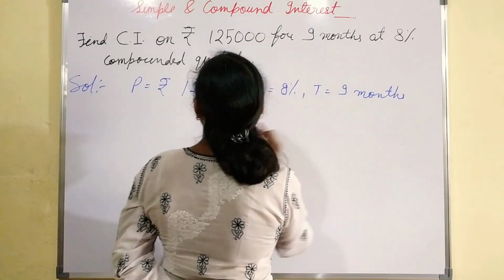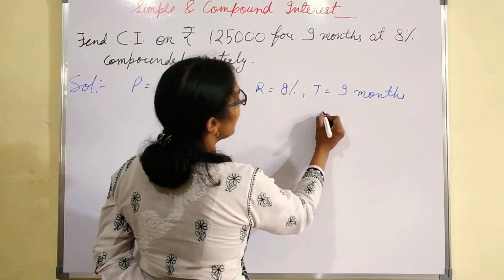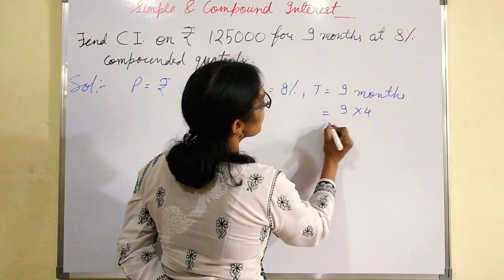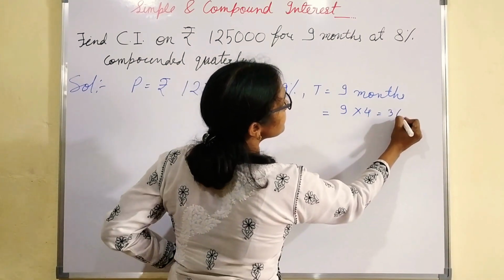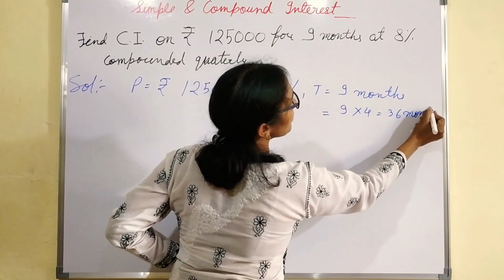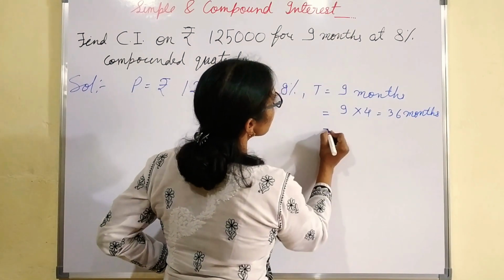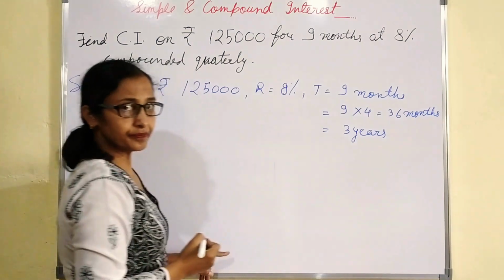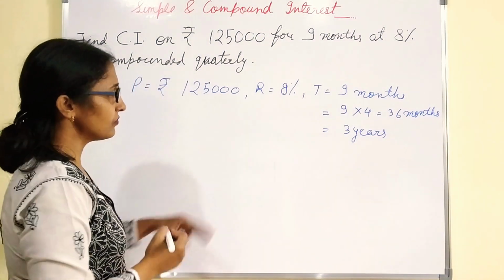I am solving it here, 9 into 4, so it will become 36 months. 36 months means 3 years.